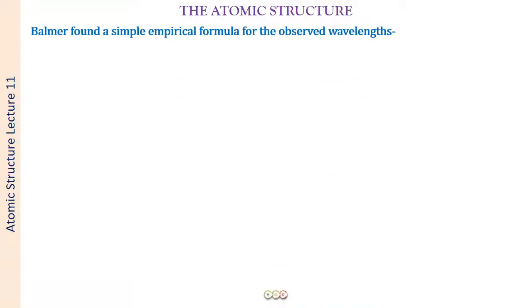Now, Balmer was the first person who analyzed the hydrogen spectrum lines in the visible region, and he found a simple empirical formula to calculate the wavelength of all the lines in the visible spectrum of hydrogen.